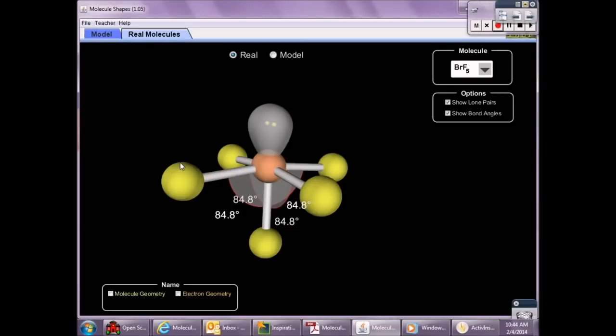Octahedral. You did not miss it. You still have everything around. Now if I take one off, what shape do you see here? A pyramid. That pyramid is sitting on a square. It is called square pyramidal.